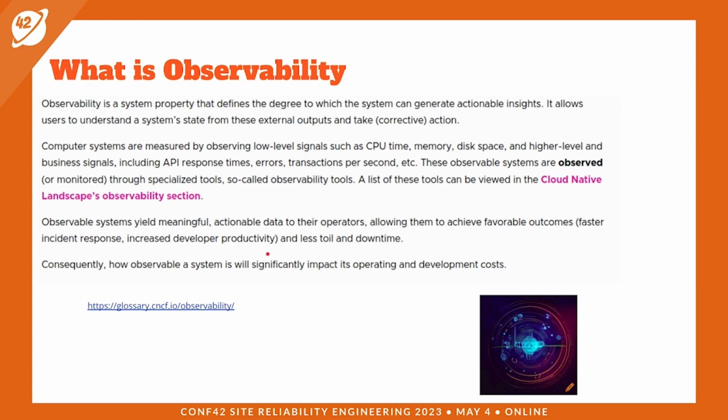Consequently, your observable system will significantly impact operating and developer costs. You can deliver to other teams, and they get the most valuable part of it, because the systems are observable. Forget, for example, the charts when I need to look at information about my accounts in production. How do I get that information? If you observe, you can enable a couple of dashboards and deliver them, and then the teams can see what happened in the application without access to the infrastructure.